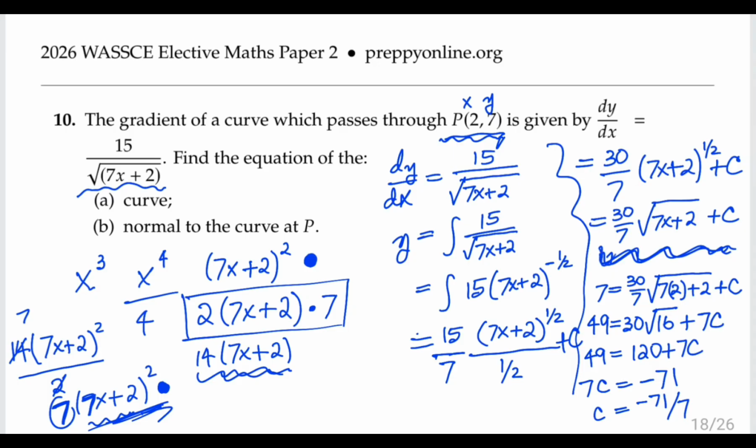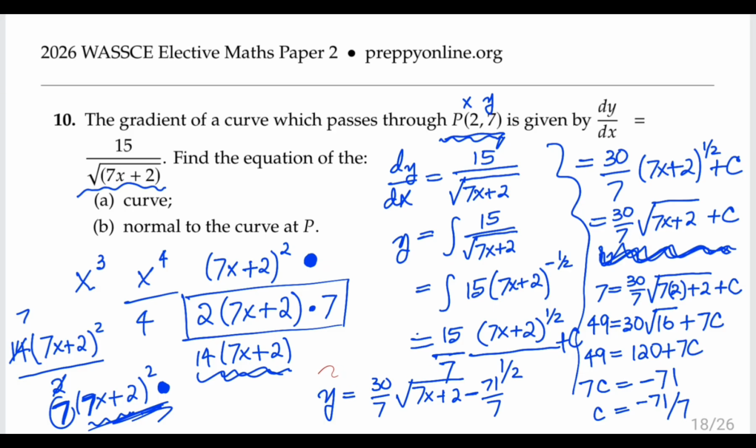So we come and substitute that into this. When we do that, we now get our y is equal to 30 over 7 times the square root of 7x plus 2, and our c is minus 71 over 7.